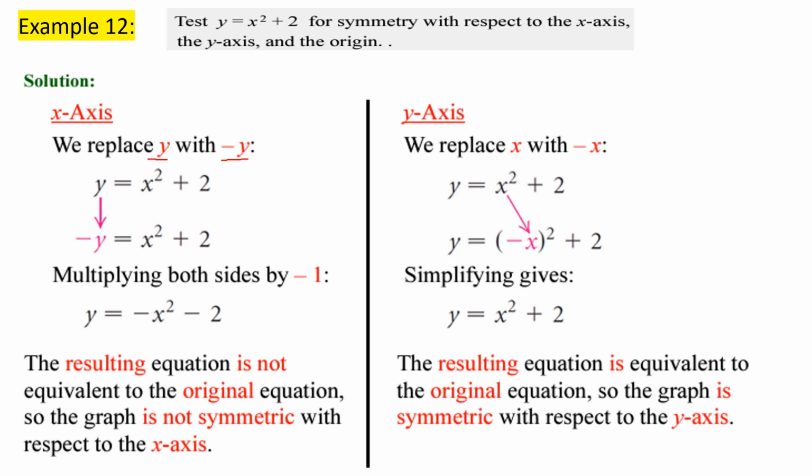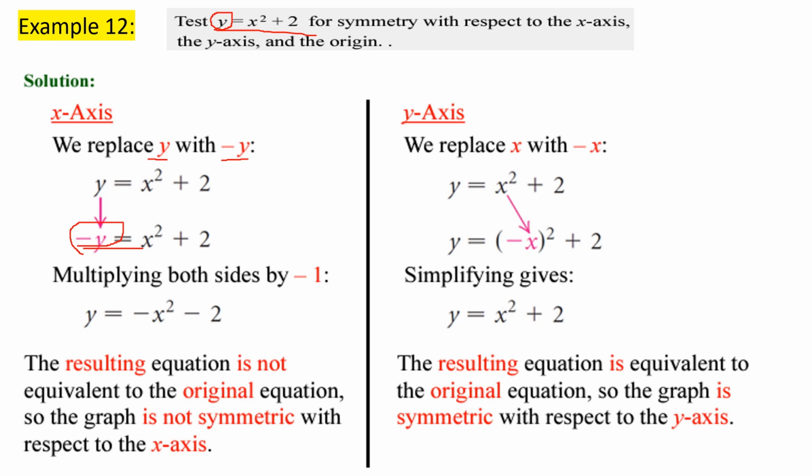When you replace y by minus y and it gives the same equation, then we can say the graph is symmetric. But here, if you replace y by minus y, the equation is not the same as the given one. You have to compare with the given, because in the given equation y is positive, but in the resulting equation y is negative. So that is not symmetric about the x-axis.